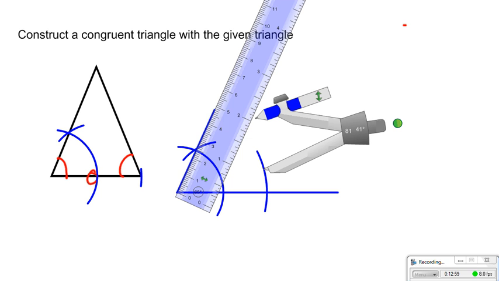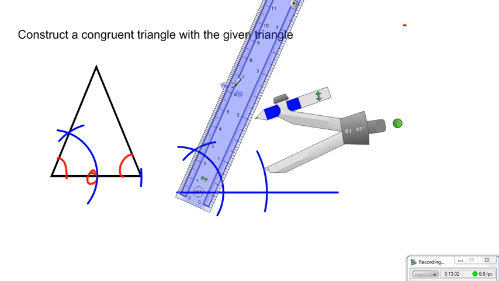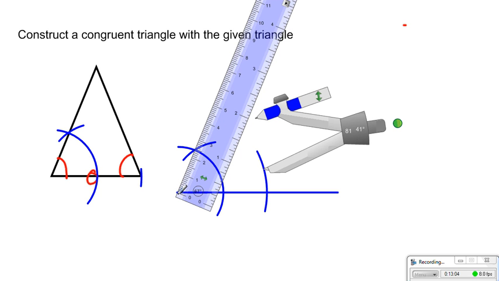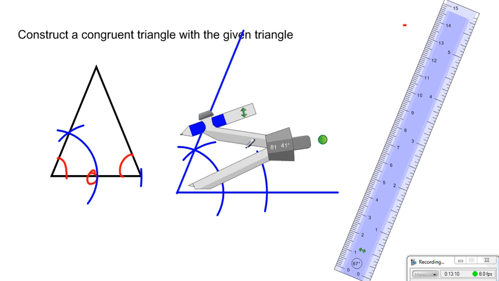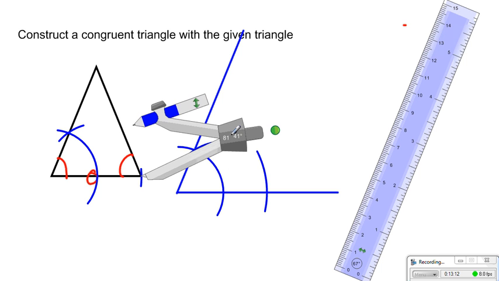Let me try to do the last one. Okay, and then we're going to copy the other angle, just like what we have done earlier.